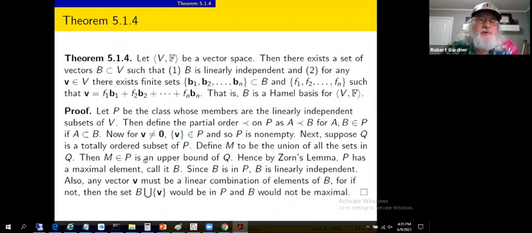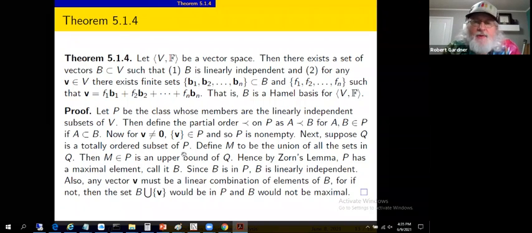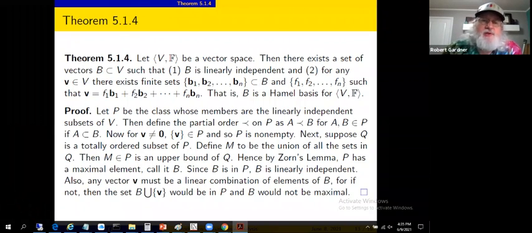Next, suppose Q is a totally ordered subset of P. All right, so here comes the totally ordered subset. We wish to find for Q an upper bound. Then we can use Zorn's lemma to conclude there's a maximal element of this class P.